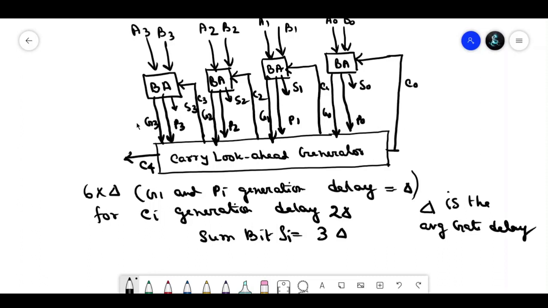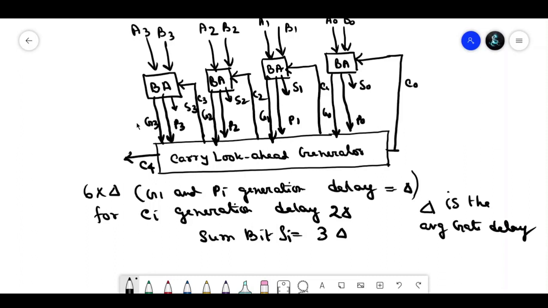Okay, so the same holds good for any number of bits, because the added delay does not depend on the size of the number. It is independent of whether it is n bit, 2n bit or 4 bit.